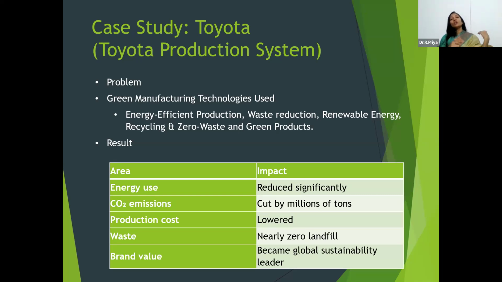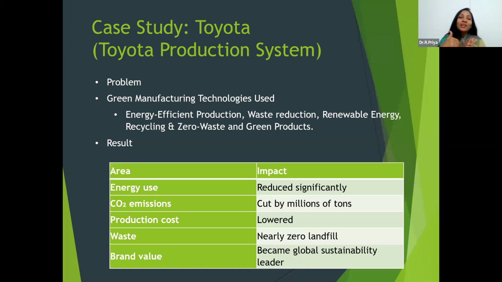By using JIT, just in time, and kaizen, which are also lean manufacturing tools, the process is streamlined. Toyota reduced scrap metal, I mean rejected parts, and storage energy. So the result is less material waste plus lower cost.